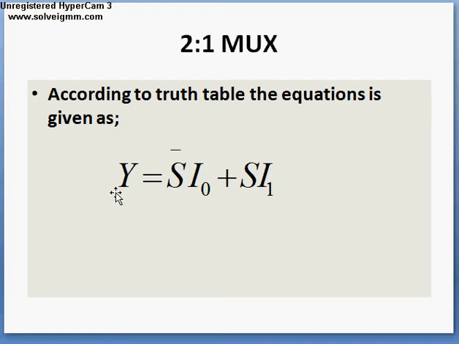So on the basis of this equation you can easily draw the circuit diagram of this 2:1 multiplexer. When there is a bar in the equation, you have to take the complement, and you all know that the complement is taken by the NOT gate, so you will have to indicate the NOT gate, and this multiplication is indicated by the AND gate, and this plus, this summation term, is indicated by the OR gate.